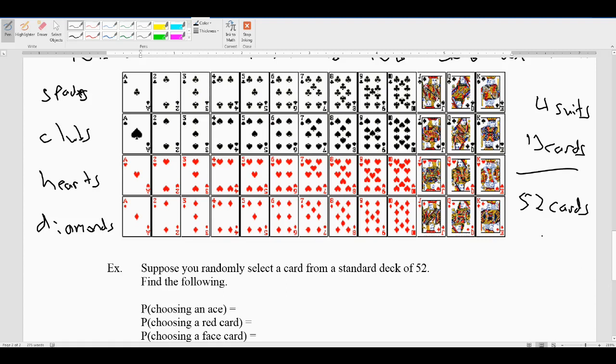All suits have the same. Ace, that's an ace. Then 2, 3, 4, 5, 6, 7, 8, 9, 10, that's a jack, queen, king. You may or may not know those, so that's why I'm going over them. The jack, queen, king are the only ones that have faces on them, so these are called face cards.